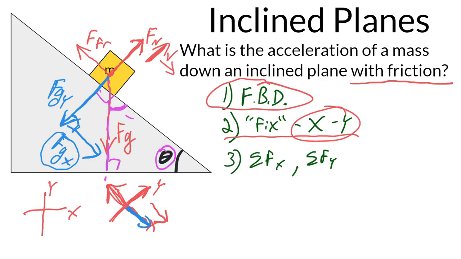So if this is 90 minus theta, this must be back to theta, right? Or 90 minus 90 minus theta, which means that's also the angle. So hope you caught that. If not, that's okay. Just remember that this angle inside here is always going to be the same as this angle right here. Okay? All right, let me clean this up a bit.